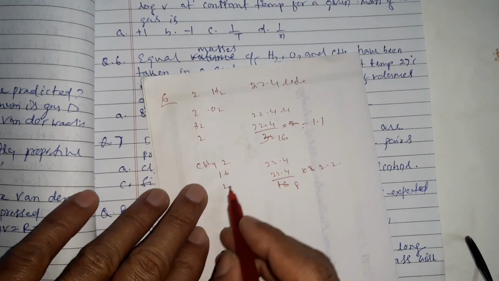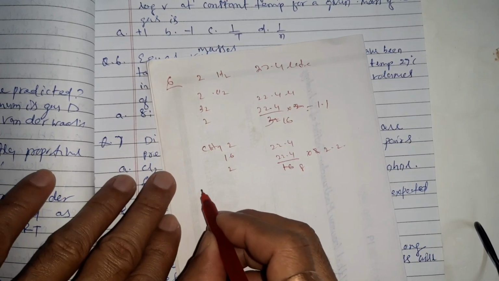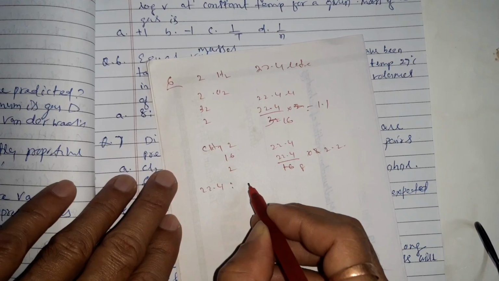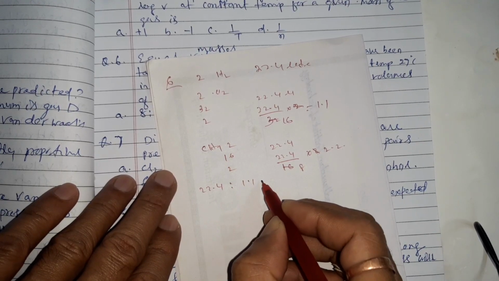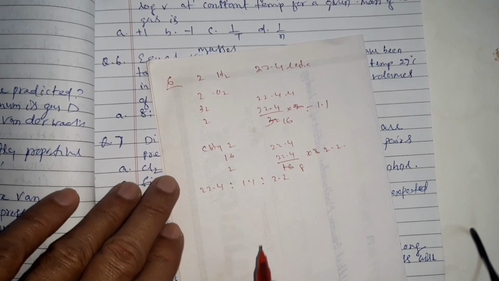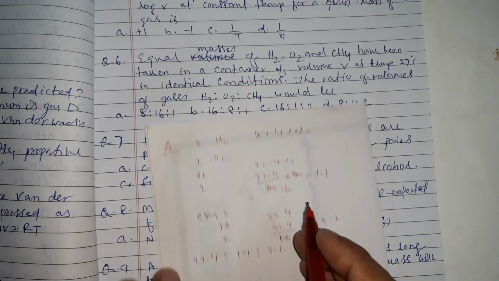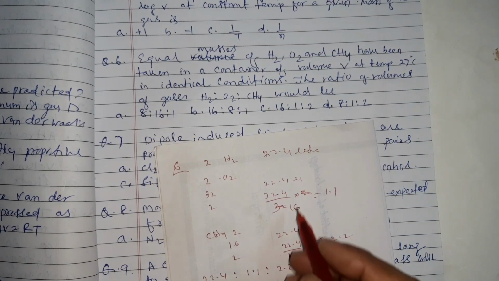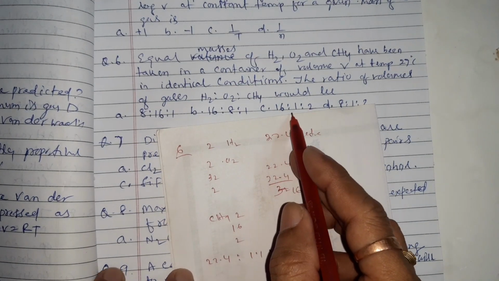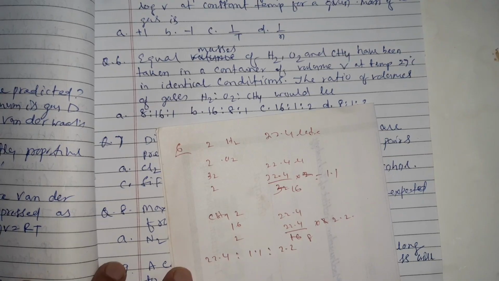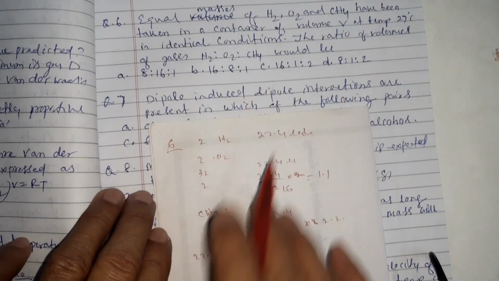Then the ratio is 22.4 is to 1.1 is to 2.2. So if you solve this, then you will get 16 is to 1 is to 2. So choice C is the correct answer.